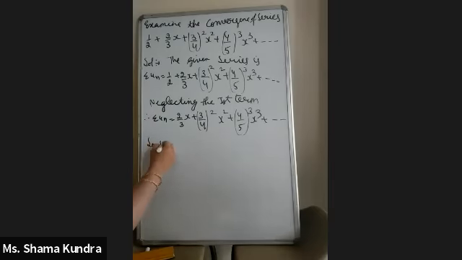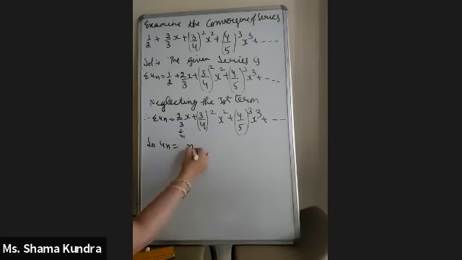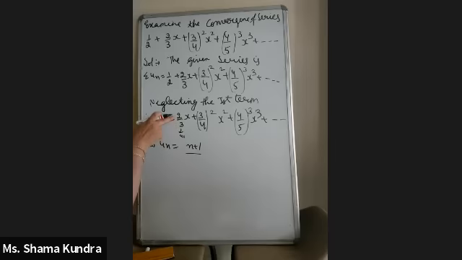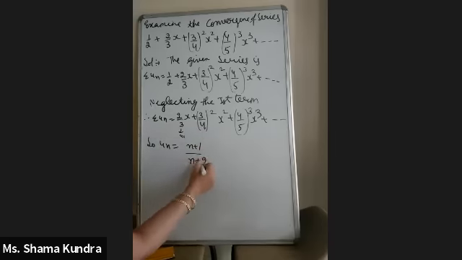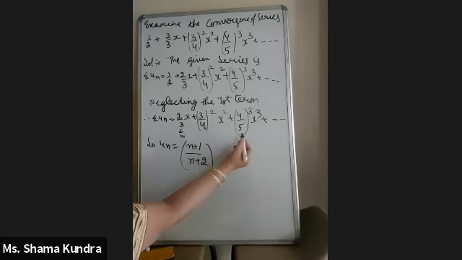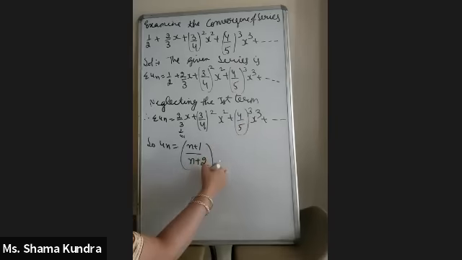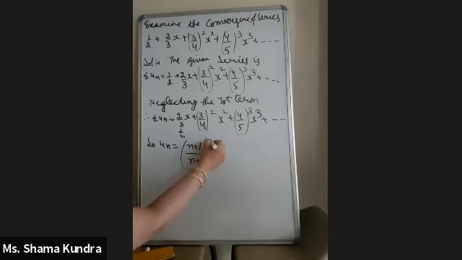u_n will be: for u1 we have 2, for u2 we have 3, for u_n we have n plus 1. In the denominator we have plus 1 of the numerator, so it is n plus 2. See the power. For u2 power 2, for u3 power 3, for u_n power is n.